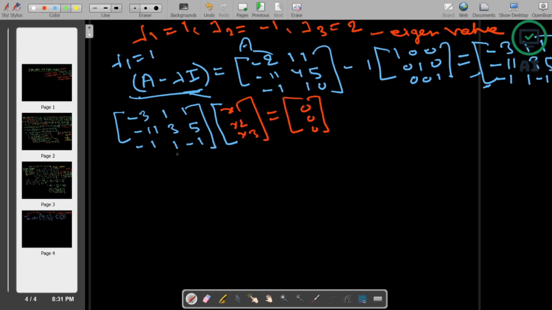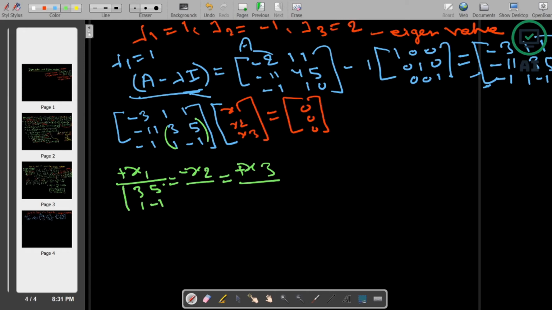So what to do? Just put it here: x1, x2, x3 with signs plus, minus, plus, equal to. For x1, what you do? Hide the first row and first column. So we will get this one: the determinant of 3, 5, 1, minus 1.